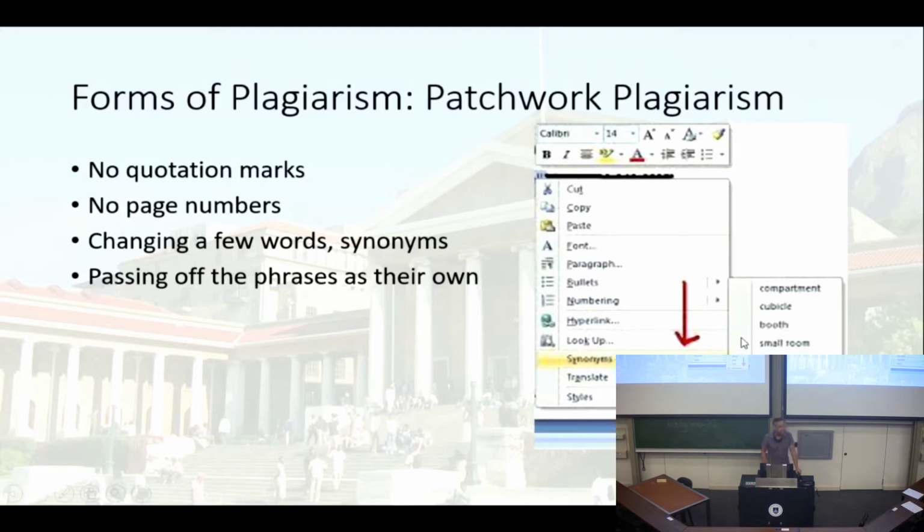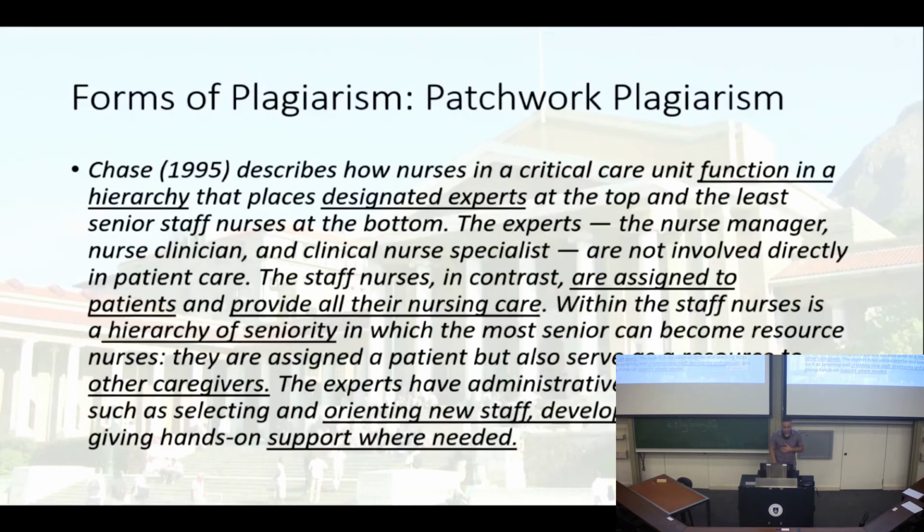Usually it changes the context entirely. And it still shows up as plagiarism on Turnitin. So no quotation. Patchwork plagiarism is, again, when you take certain sections and just change a few words. So changing a few words, passing off the phrases as your own.